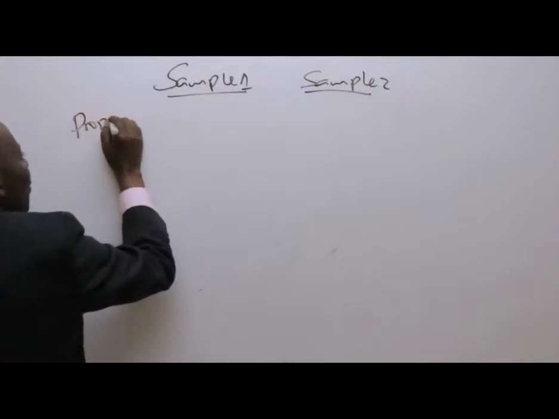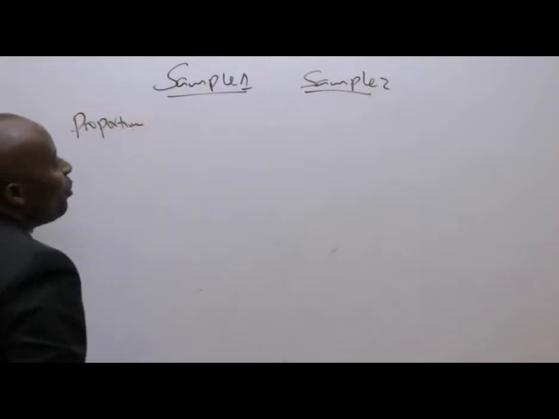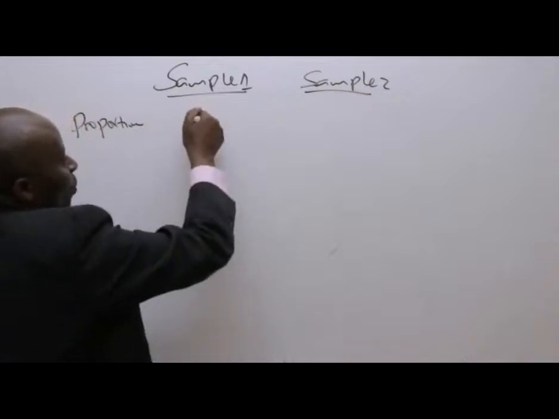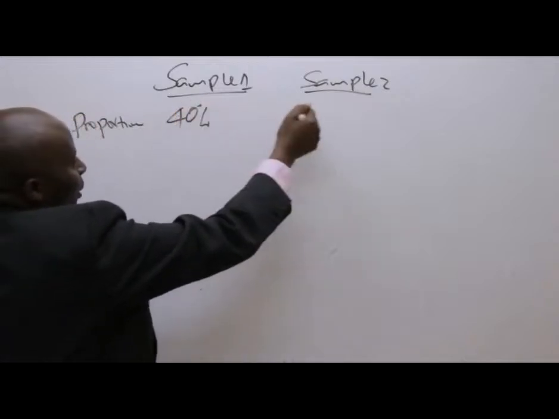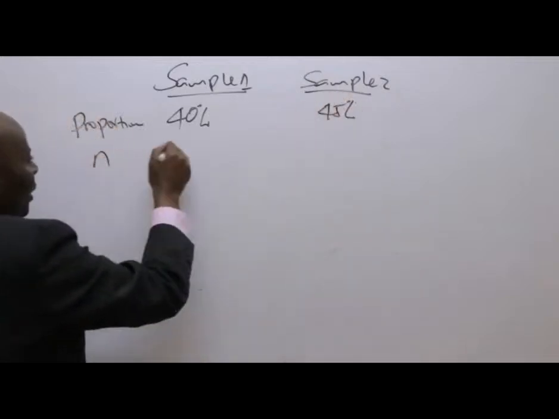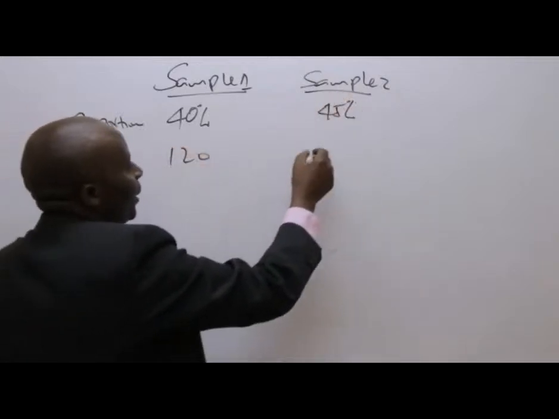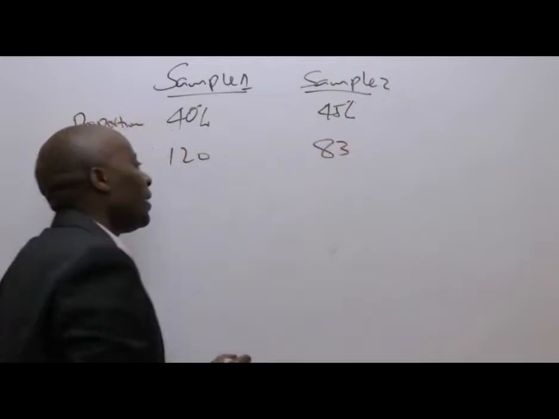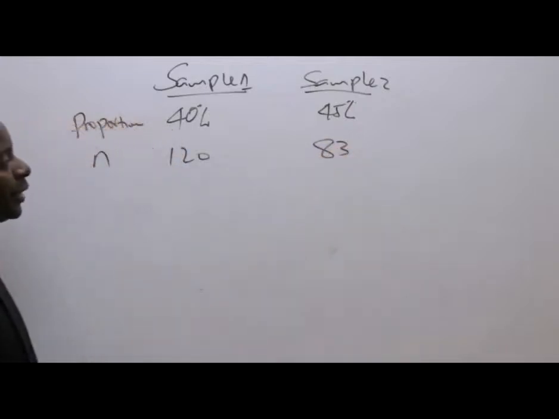We have our proportions: this could be 40%, and this could be 45%. They have given us N: N here is 120, and N here is 83.